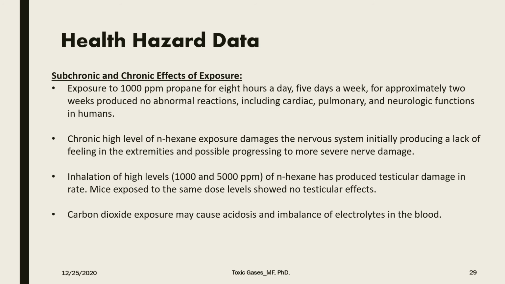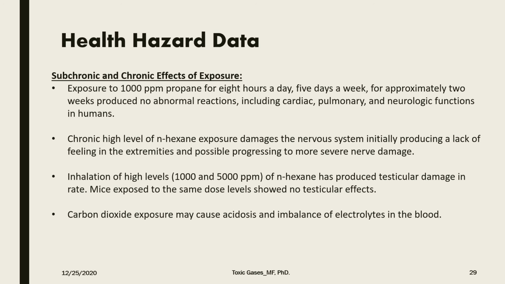If we speak about N-hexane, chronic high levels of N-hexane led to damage of the nervous system, leading to lack of sensation in the extremities, and might progress into severe nerve damage. When it comes to inhalation of high levels, around 1,000 to 5,000 parts per million of N-hexane, it caused testicular damage in rats.